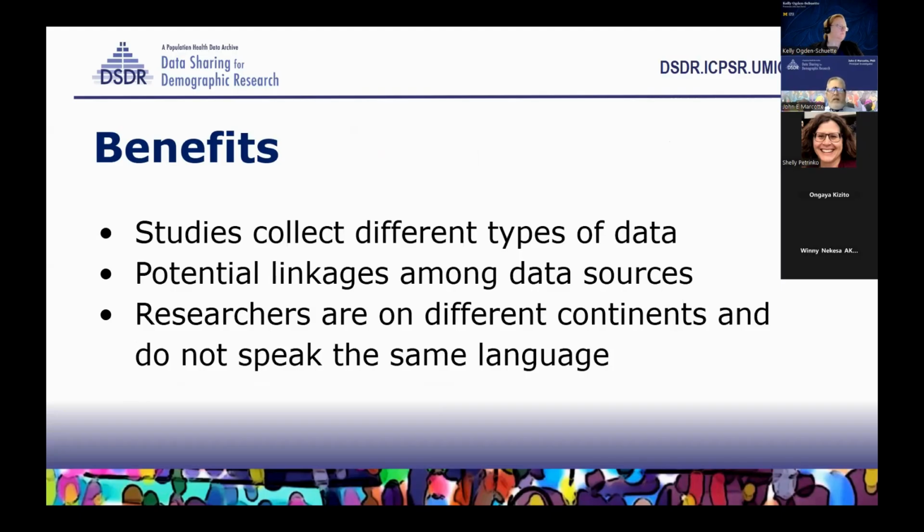We have data at DSDR from Asia, from Africa, from South America, from East Asia. It's nice if we can also make that data available through archives on those continents that are more accessible, or at least expose them so that people know about the data and come to DSDR.